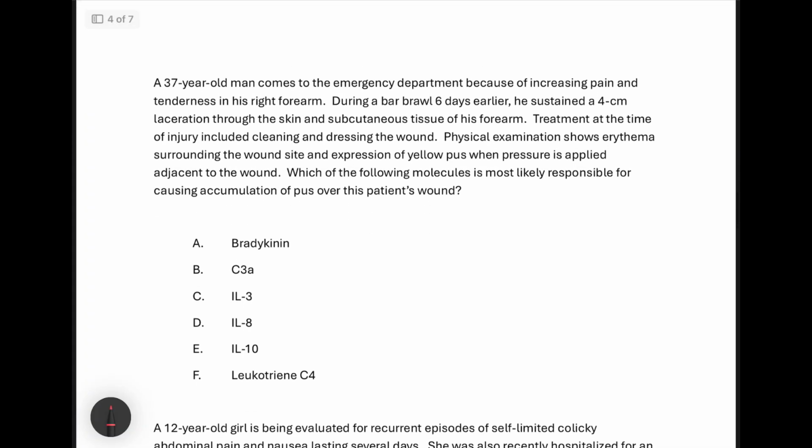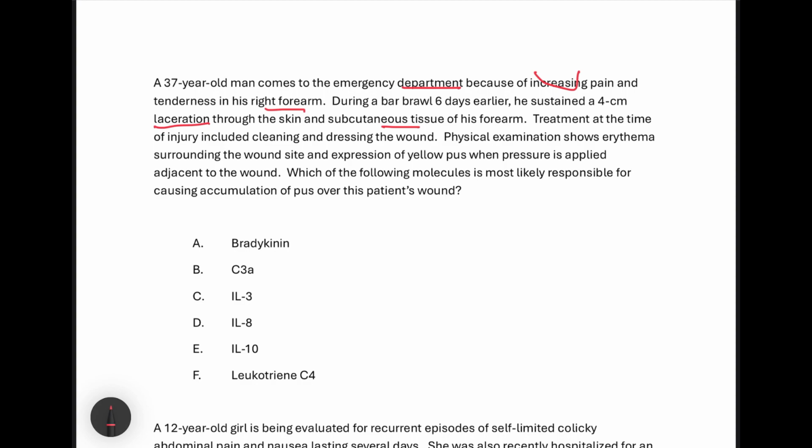Now we move to our next question. A 37-year-old man comes to the emergency department because of increasing pain and tenderness in his right forearm. During a brawl 6 days earlier, he sustained a 4 centimeter laceration to the skin and subcutaneous tissue of his forearm.